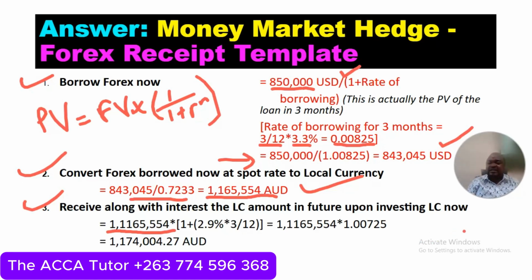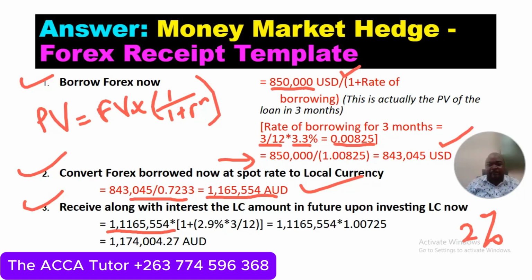So if, for example, the deposit interest rate, if you put your money in a bank, don't relate these things with your home country where maybe banks do not give you interest. Just think as if you're in a country like Zimbabwe where you get interest.